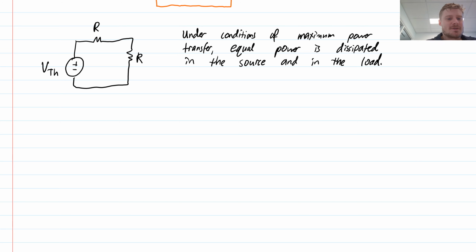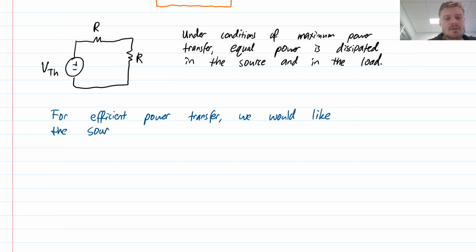So what would we like for efficient power transfer? For efficient power transfer, we would like the source resistance, which was R Thevenin in our previous drawings, to be much, much smaller than our load resistance.